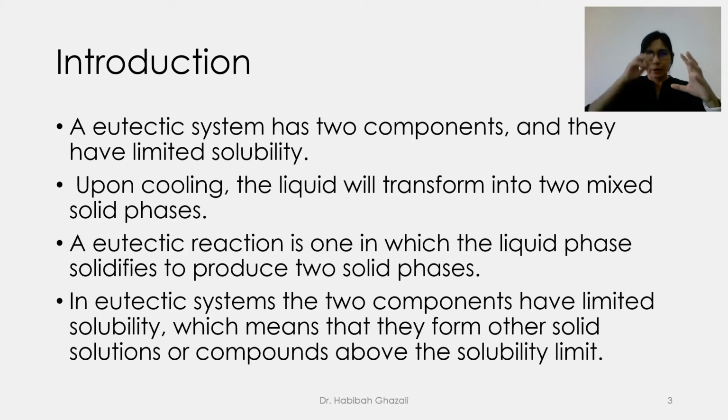For example, if we add component A and B together, but only 10% of component B can be completely mixed in component A, and our alloy has 20% of component B inside our molten metal, then after it reaches that 10% solubility limit, the other 10% will start to create another type of solid solution. So that is what the eutectic system means.